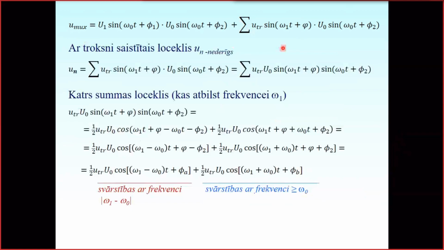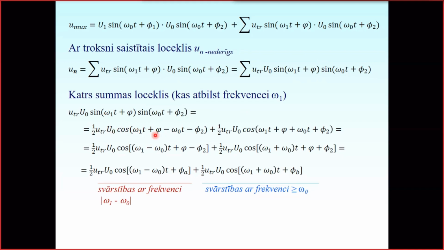Well, what happens with the noise signal? If I look at this noisy signal, for any frequency which is not equal to omega 0, I get in the same way the difference of cosines replacing the multiplication of sines.